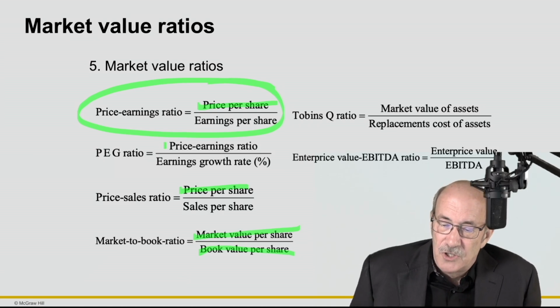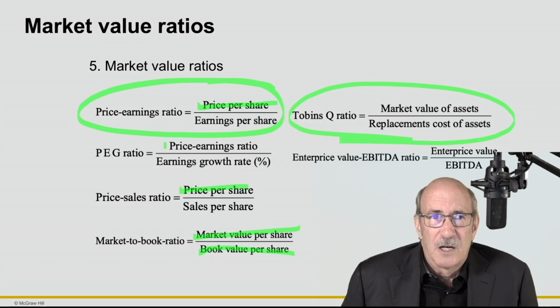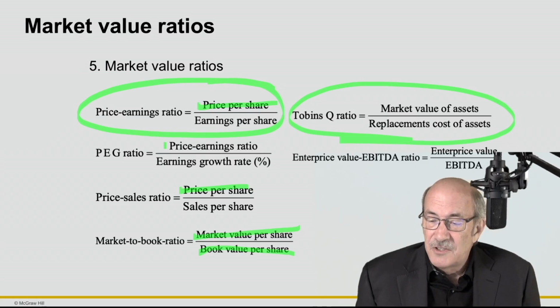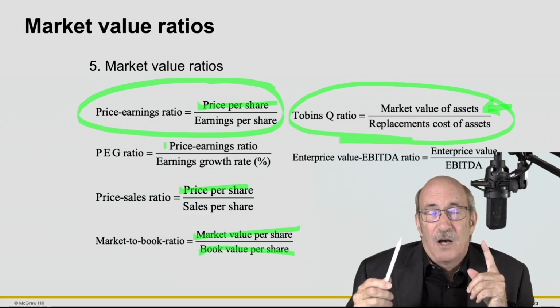These last two ratios are less widely used, especially the Tobin's Q. Tobin's Q is more widely used in research. Tobin's Q is interesting in that it says, let's take the market value of the assets, and that market value is going to be calculated as the market value of equity plus the market value of the debt.